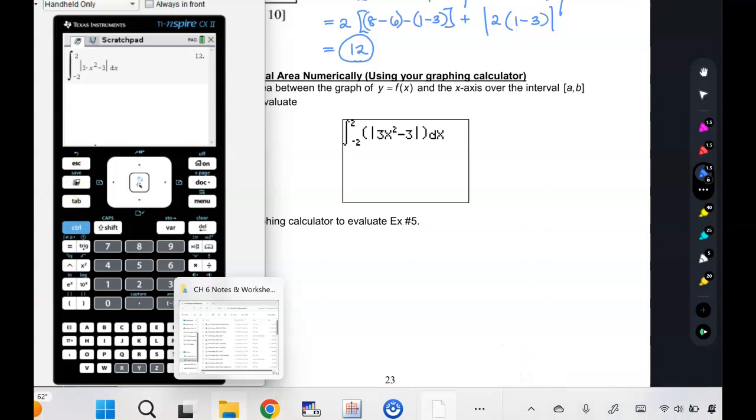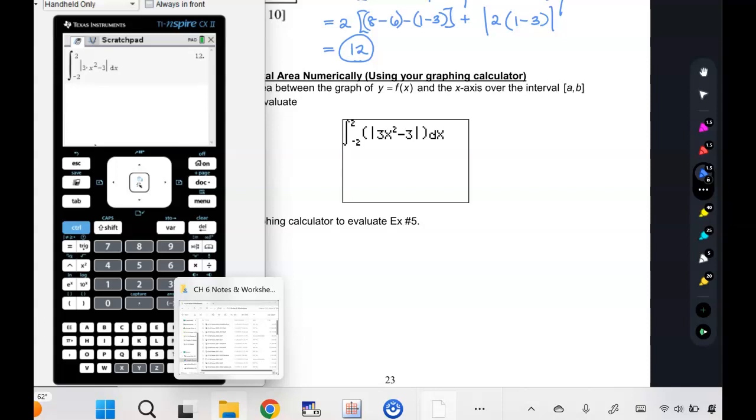So if you just type it in, remember the integral is here. It's next to the little catalog book. You can also do menu, calculus. And then the absolute value. Start here, next to the catalog, or you can go to menu, calculus.